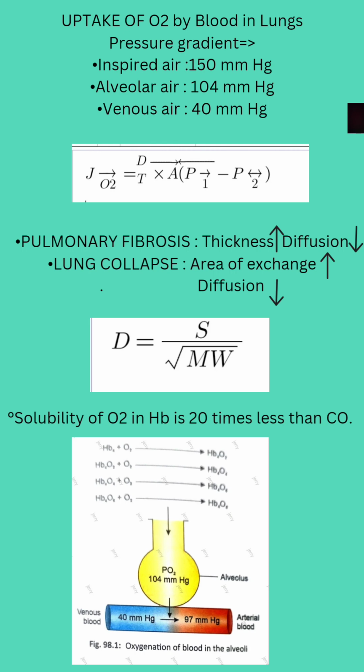Now we can see that the oxygen which comes to the lungs gets dissolved in the plasma of the blood, and from that dissolved oxygen in plasma, this oxygen enters the RBC. Now the hemoglobin has 4 subunits, that is 2 alpha subunits and 2 beta subunits.